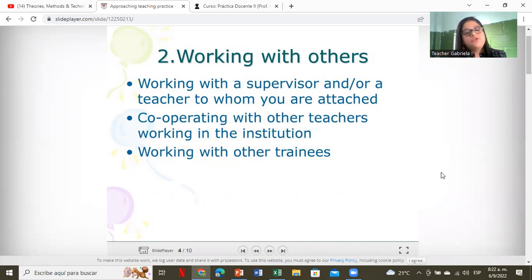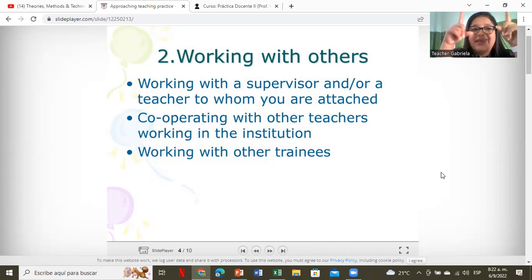Working with a supervisor and/or a teacher to whom you are attached. It means that in real life, you won't have the opportunity to choose whoever you want to work with. I mean, like, "Ay, I don't want to work with this teacher because I don't like her," or "I don't want to work with this professor because, you know." In real life, it is impossible.